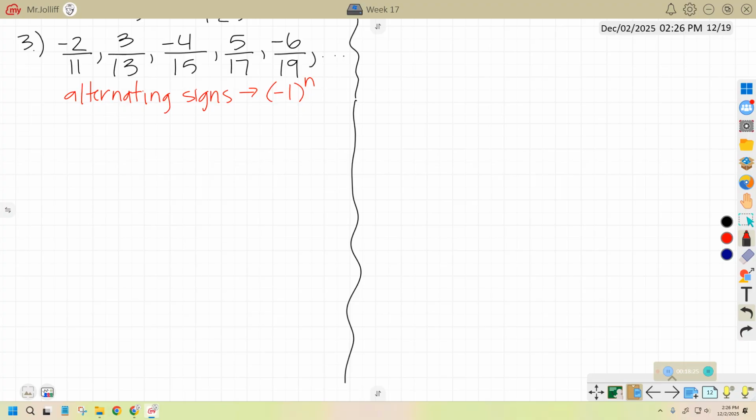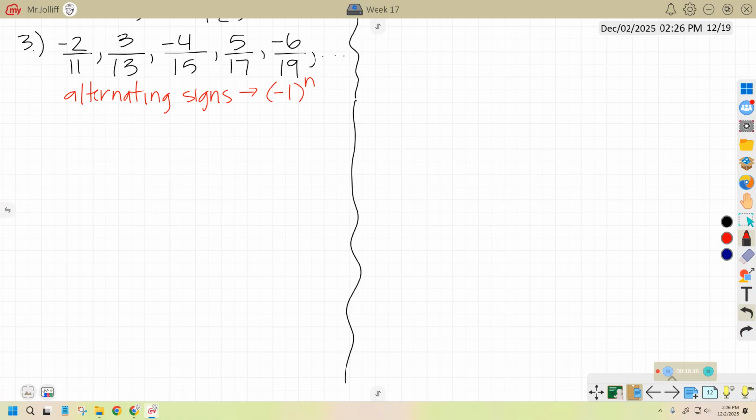Even locations, where I have paired up negatives, get positive answers. So anytime my signs are alternating, it's going to be a power of -1. Sometimes it'll be power of n, sometimes it'll be power of n plus 1, depending on whether that first term is positive or negative.